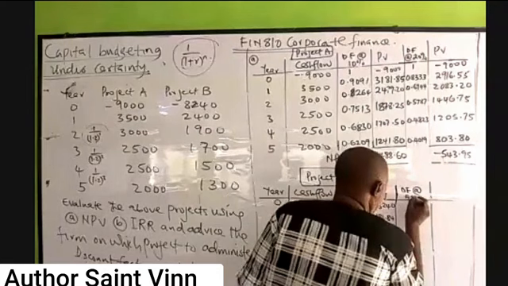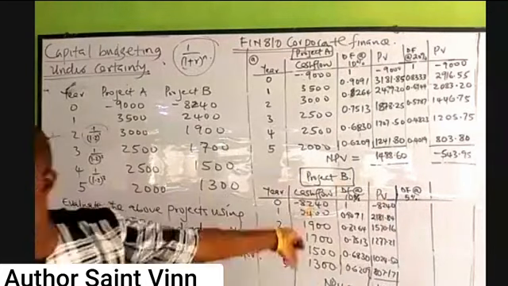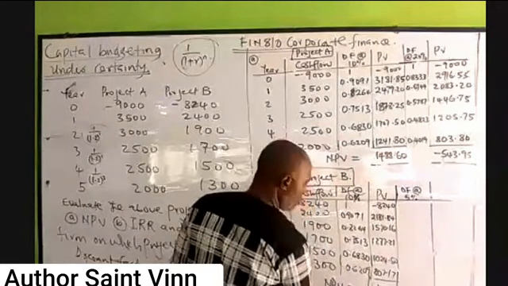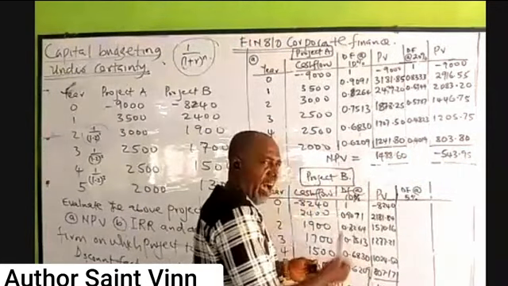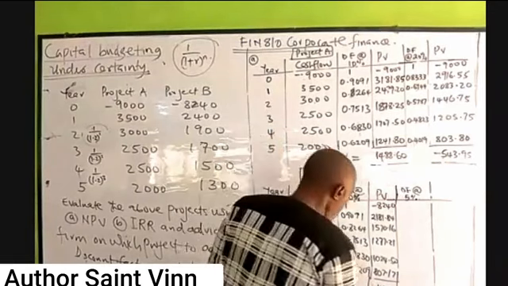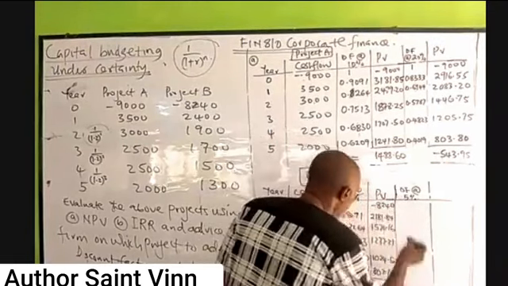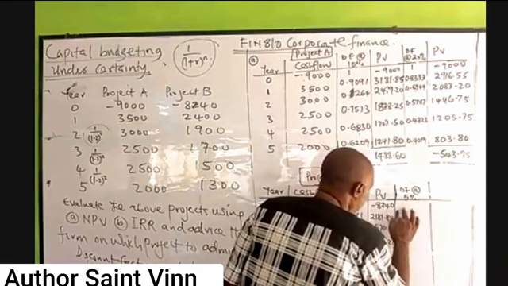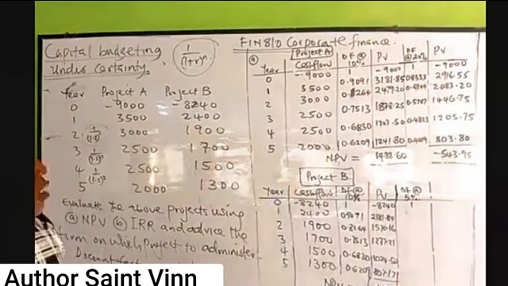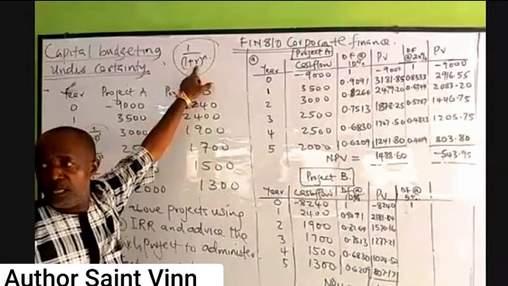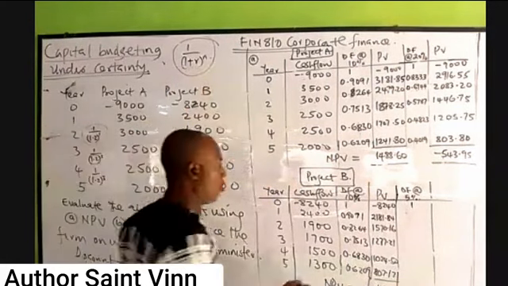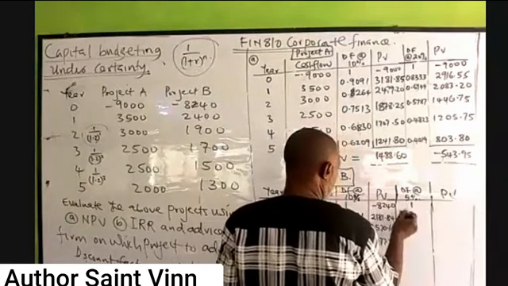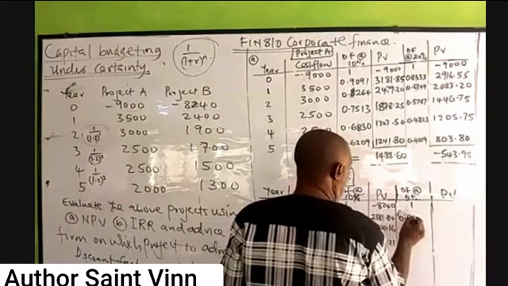Now look at this one. I'll try how many percent? Someone can try 2%. It doesn't matter, it's a choice. I saw 10% and I'm having minus. I believe that half of it, 5%, will give me positive. It's just a belief. If it does not give me, I keep on trying until I get the final result. This is one, and this is 0.05, so you divide by 1.05. What do you have? 0.9524.